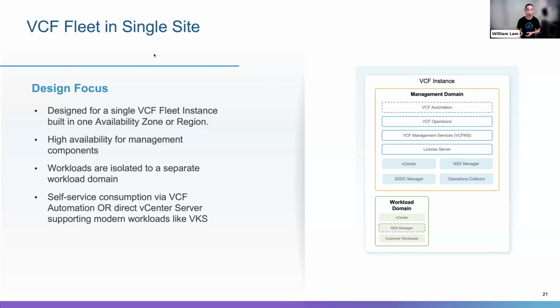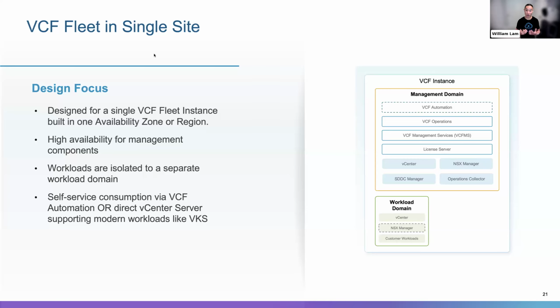Furthermore, we're also separating out the workloads into their own dedicated workload domain. One key difference here that I forgot to mention is that in earlier releases of VCF, when you deployed a workload domain, you would have a vCenter server, and you would typically deploy an NSX manager to go along with that infrastructure.